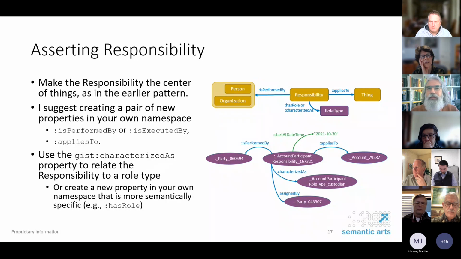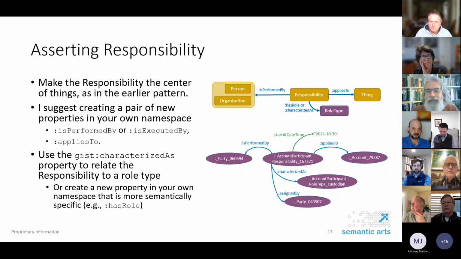In that particular case, though, given that the marriage is a reflexive relationship, you could say the marriage is performed by Joe and Mary, it applies to the marriage itself, and they are performing the role of spouse.